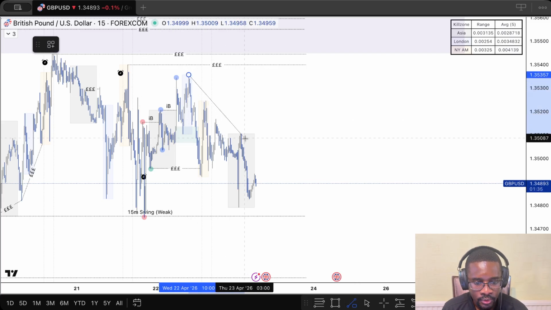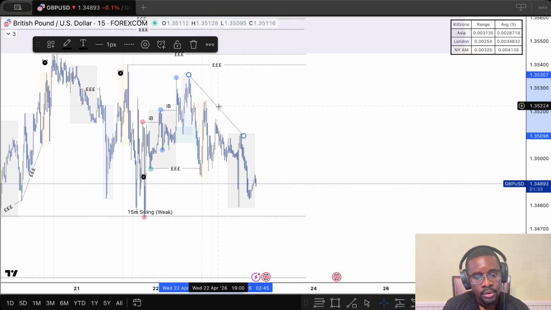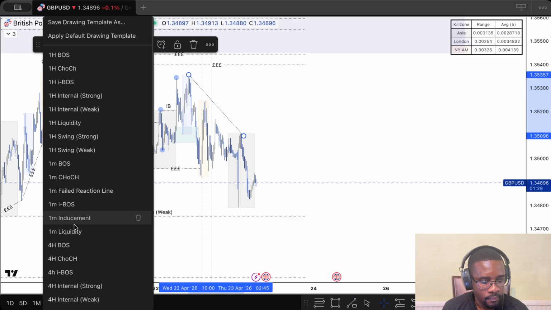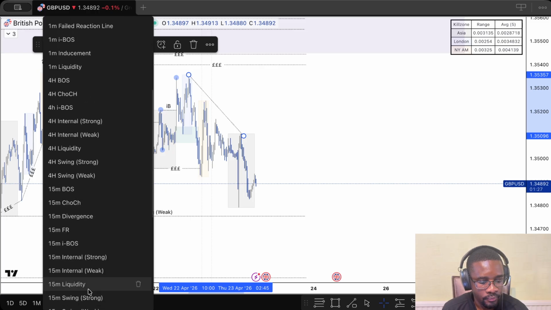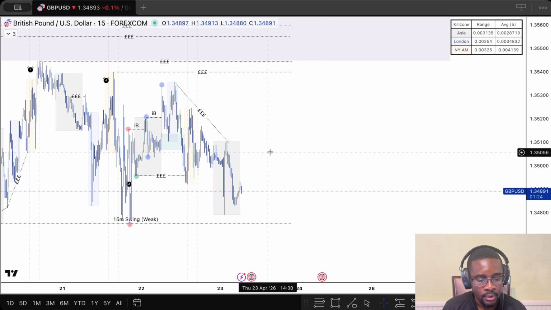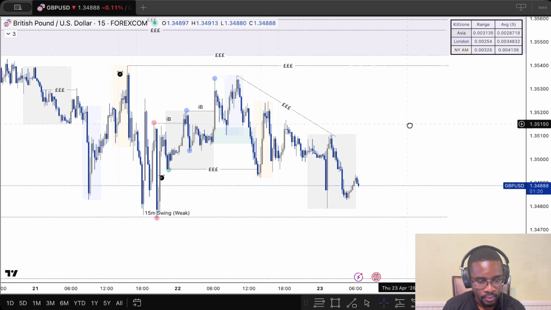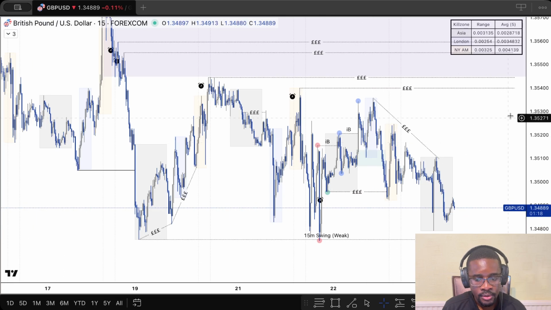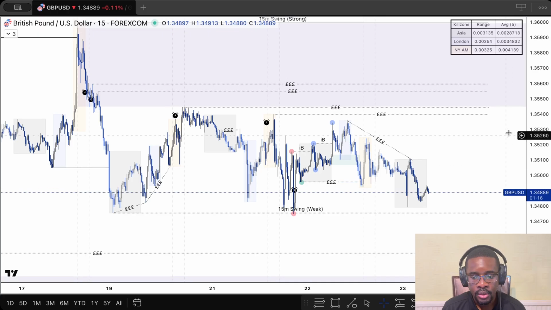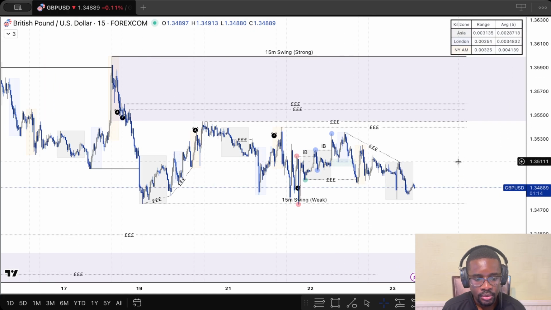So I'm gonna have that. Then I'm gonna mark this. Okay, here's my liquidity, and that's that. Price is in a tight range. Okay, it's in a tight range.